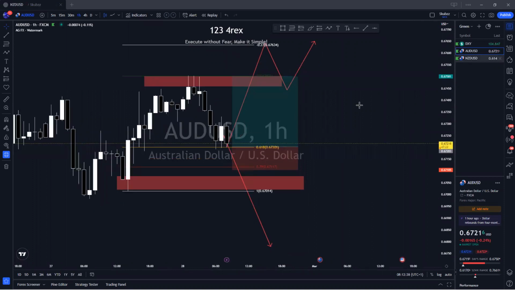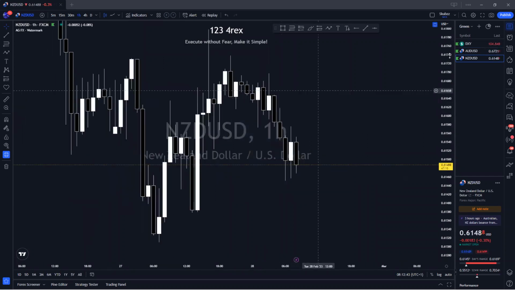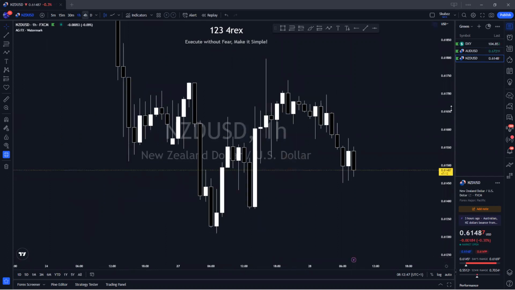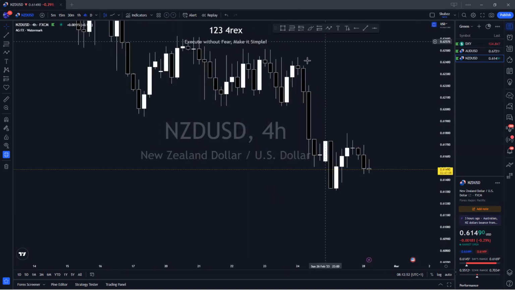Then NZD-USD is almost the same thing. These guys just move in the same direction. NZD-USD, if you look at the 4H, it's actually bearish. We had this lower low, price has formed the lower high, and price is pushing to the downside.